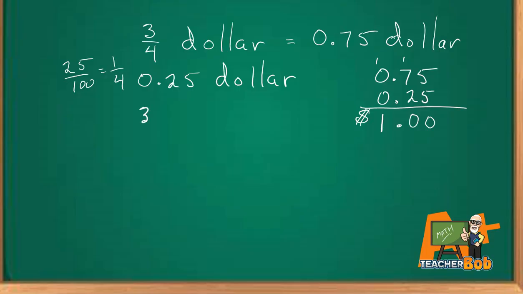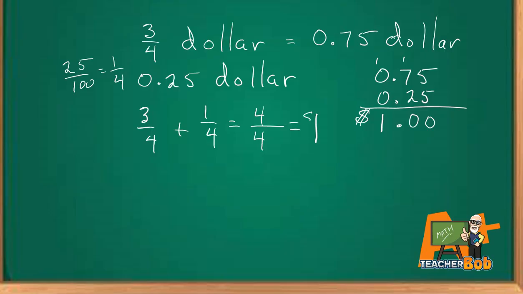So we could add 3/4 of a dollar plus 1/4 of a dollar, and because we have common denominators on the bottom, we can add these fractions. We just keep the number on the bottom the same, and we add our numerators. 3 plus 1 is equal to 4, and 4/4 is equal to 1/1, which is equal to 1.